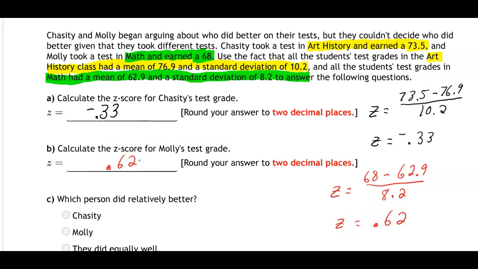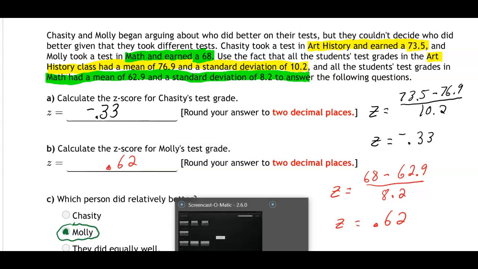So she's 0.62 standard deviations above the mean for the math test, and Chastity is negative 0.33 standard deviations below the mean for the art history test. So relative to their peer group or the test, who did better, that would be Molly, because her z-score is higher. So hopefully that helps you understand z-scores.